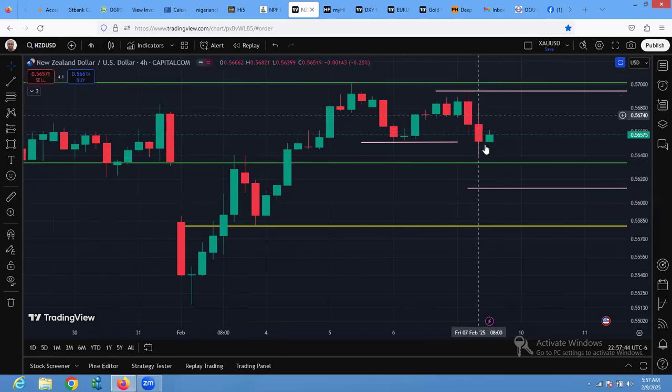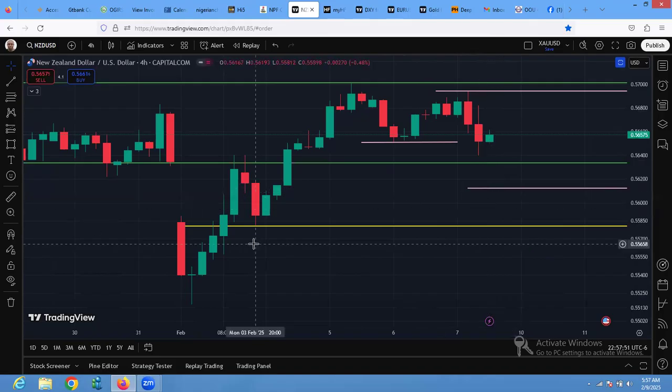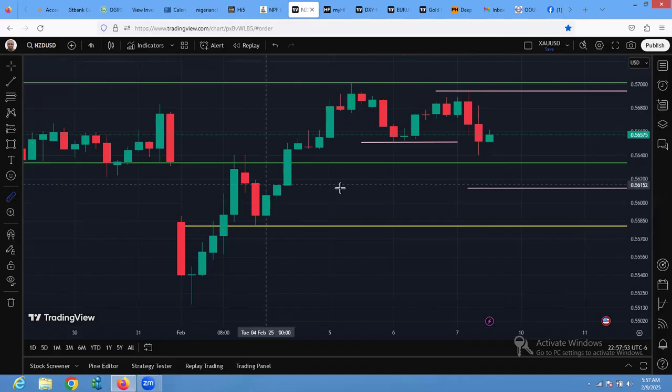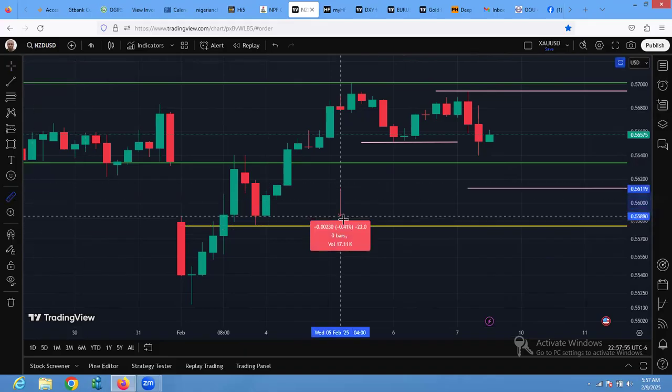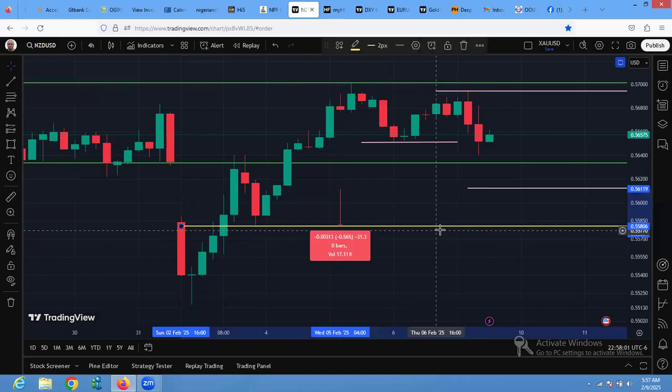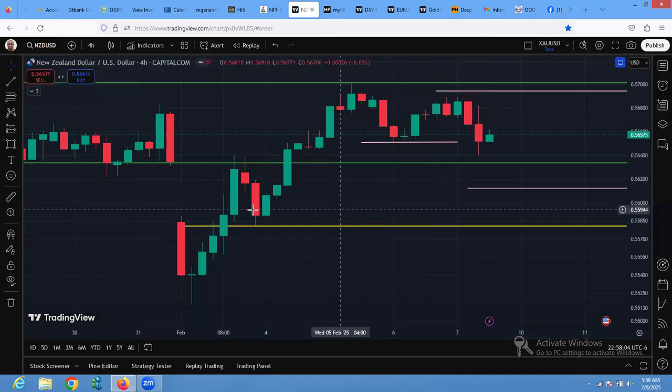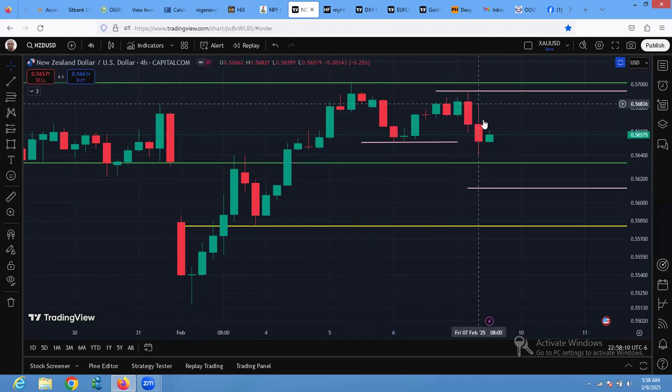This may just open up a potential for you to look for a buy here, and we use a tight stop loss around this area, maybe about 35 pips from here to the downside, and see what is going to happen. So if indeed this is a C wave, then you have to begin to count it as a C wave to look for a potential bullish move.